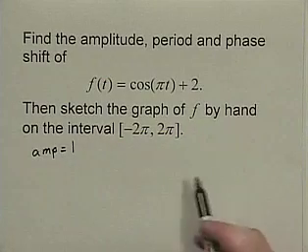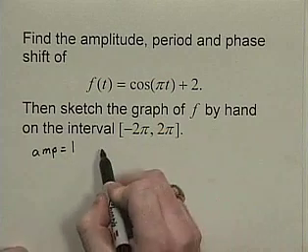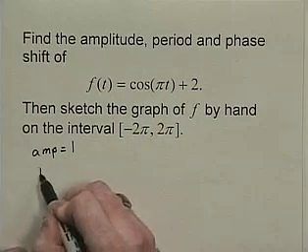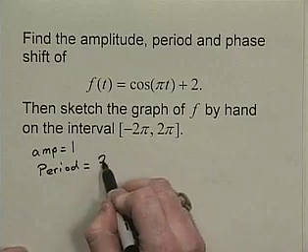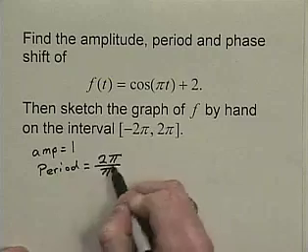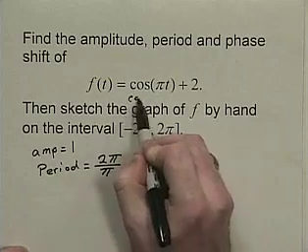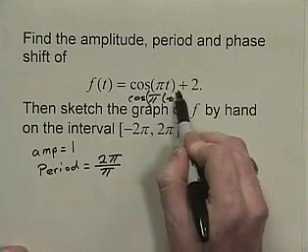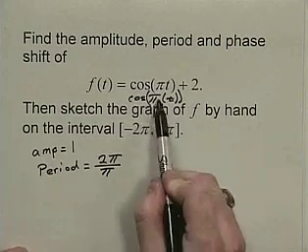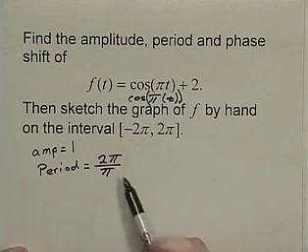We can think of this as the period. That's 2 pi over pi. Remember, you can think of this here as cosine of pi times t, like that. So here's the coefficient out here, so 2 pi over that.